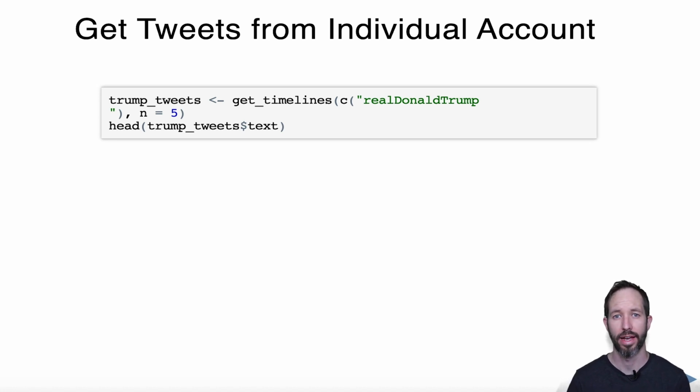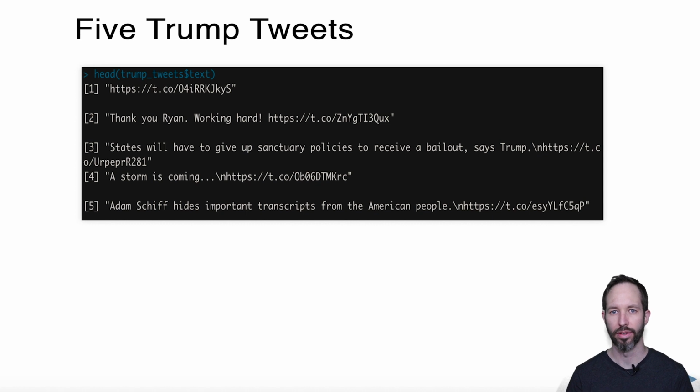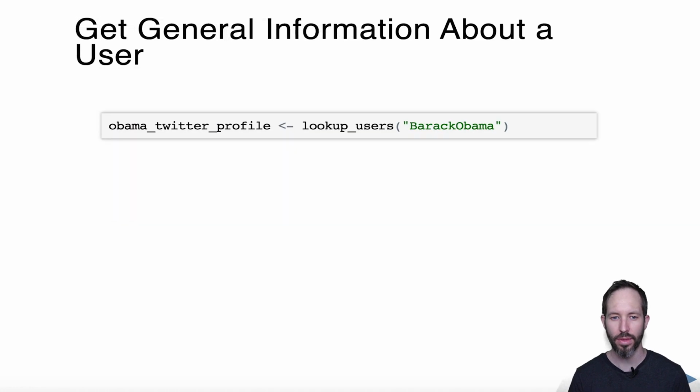So it's really handy to have, and if you build your sample around some kind of known population, it's much easier to collect large amounts of longitudinal data from Twitter. So, for example, here are some tweets from President Trump, the last 5 tweets from President Trump. You can also get general information about a user.